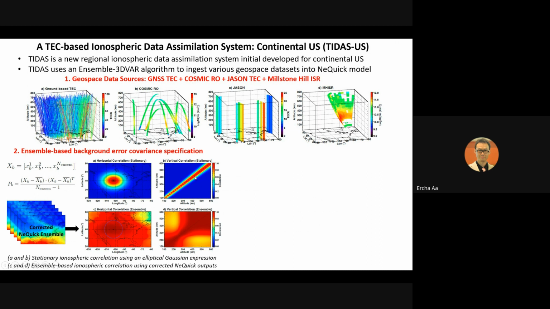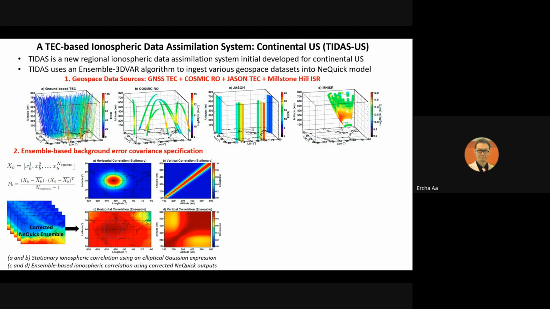But we know that in reality, the ionosphere is highly disturbed, especially during space weather events. So it cannot always have this homogeneous, isotropic performance. So that's why we need to use the ensemble method. I think that's the standard procedure to do the simulation, like here at NCAR HAO. When you do data simulation, you also do the ensemble.